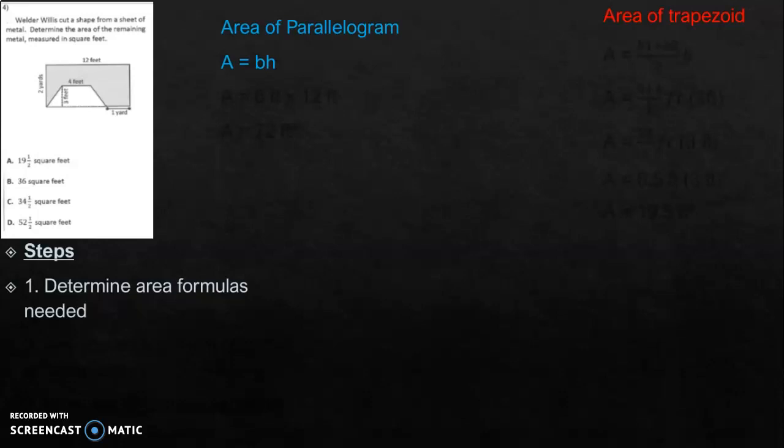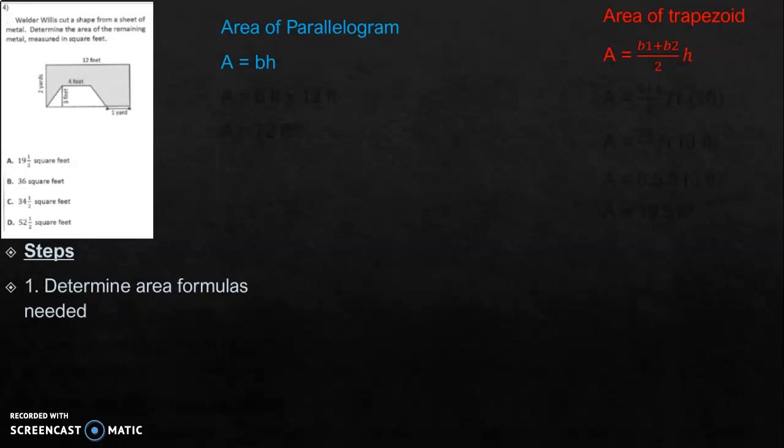So instead of knowing what our actual base is, we have the equation of base 1 plus base 2 divided by 2 times our height. So the base, the b in base, we replace it with base 1 plus base 2 because technically we don't know what the exact base is. Not one or the other is the exact base. So we take an average of both to give us an idea of what the base is, right?